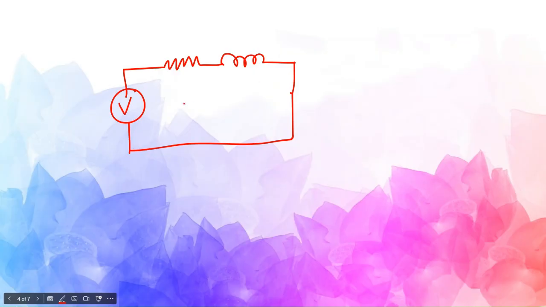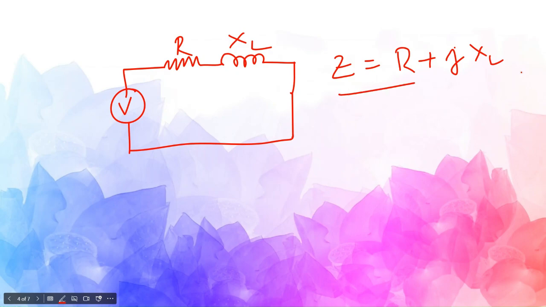Let us not enter into this calculation mode. In this case, it will be impedance. Impedance is equal to R plus jXL. I'll come to a separate video about what is j and why it is coming here.